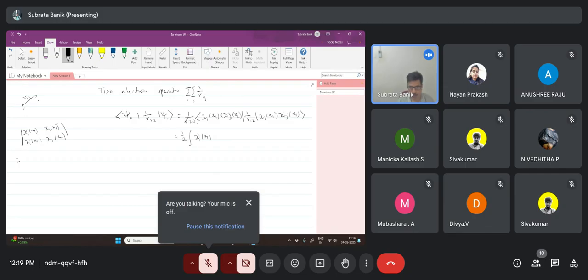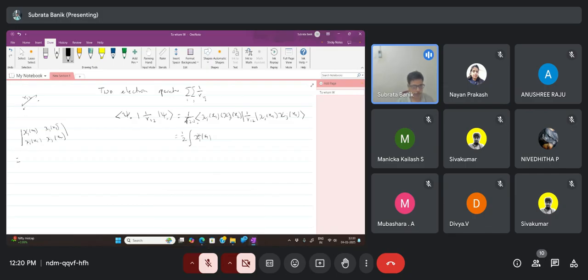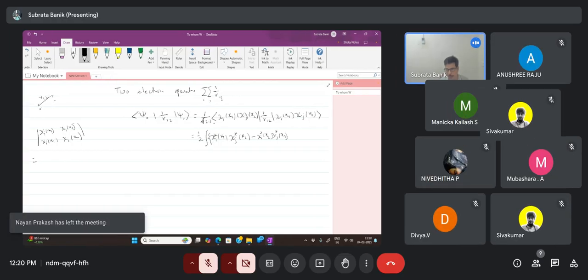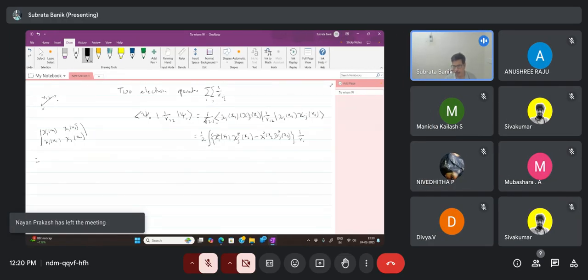Since it is the bra vector, I have to put a star here, and then chi j star of x2, minus chi i star of x2 chi j star of x1. Everything will start from the left side, and then I have 1 upon r12.